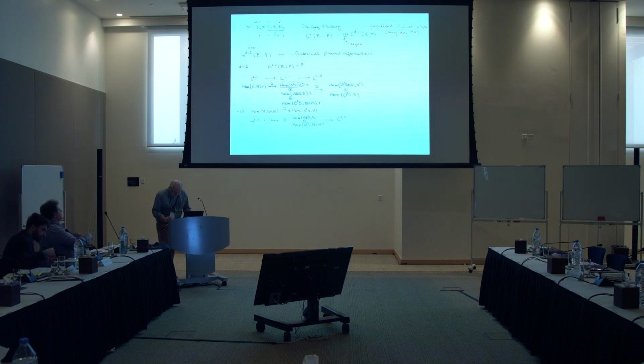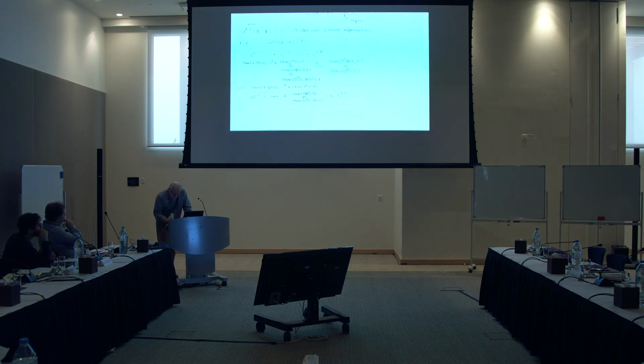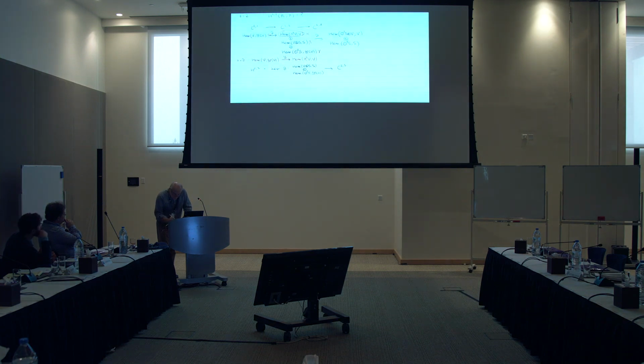Let me tell you the answer. When you do this calculation, you find that H22 is isomorphic as SOV modules to lambda 4V, so the four forms, so to speak.